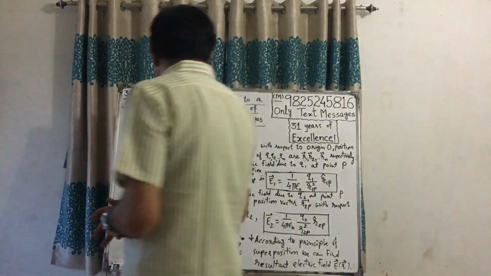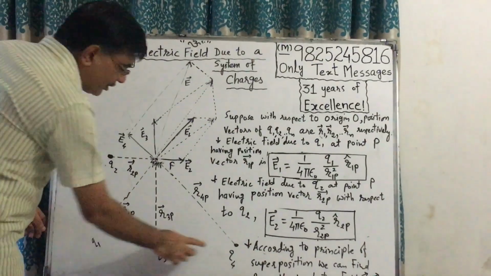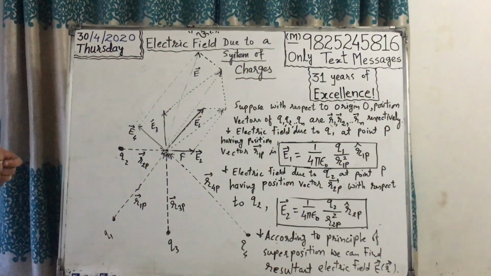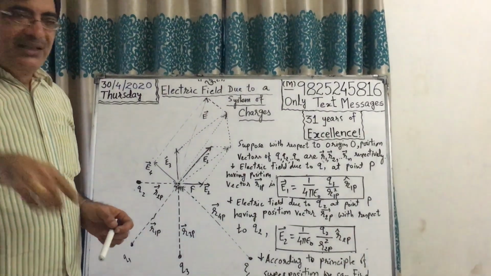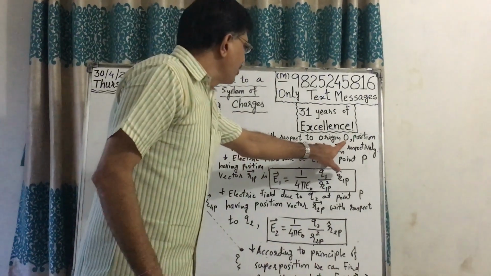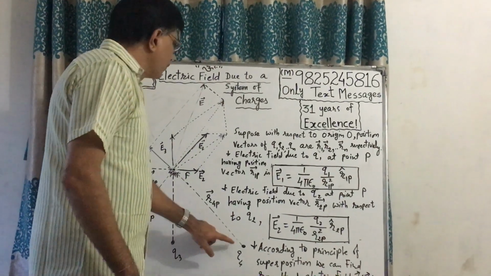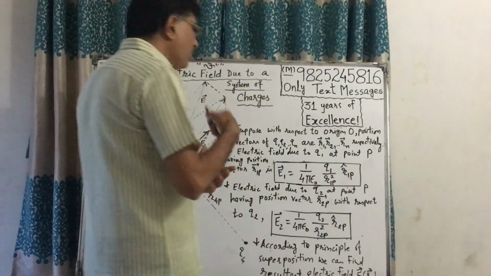Now we have 4 point-like charges, Q1, Q2, Q3, Q4. They have their own position vectors with respect to the origin O: vector R1, vector R2, up to vector Rn.